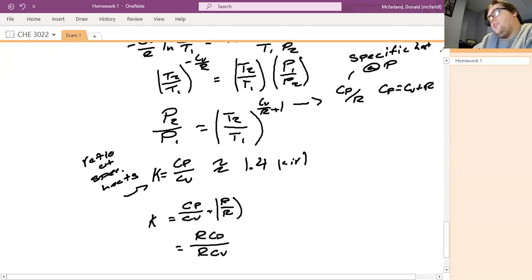Now we have our thing here, CP over R, but we have this extra R here. We have this extra CV there. So to get rid of that, we're going to multiply by the reciprocal, which is CV over R. You do it to both sides.